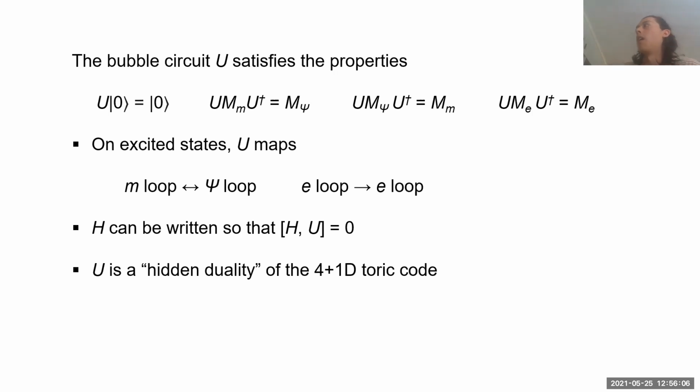And secondly, what does this result imply about the notion of self-statistics of loop excitations in 4D topological orders? It certainly perhaps hints at the possibility that there is no well-defined notion of self-statistics of loops in 4D, but it would require, I think, more careful thought to make any conclusive statements of this kind.